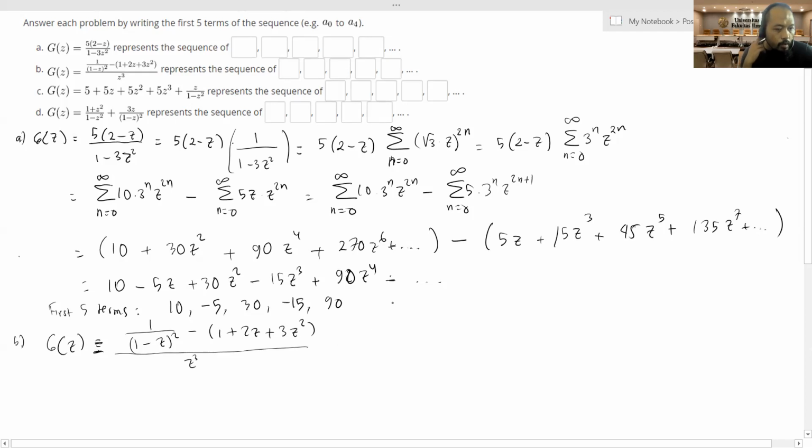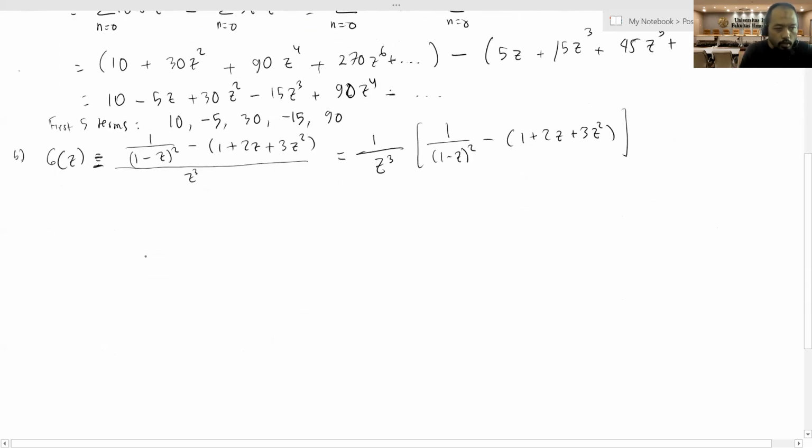So now the way we do this is we try to do it this way. This is equal to 1 over z cubed times 1 over 1 minus z squared minus 1 plus 2z plus 3z squared.